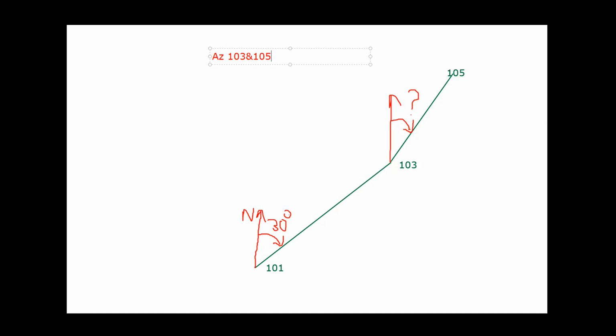So 103, 105 equals the azimuth of 101, 103, and I have to be specific. It's from 101 to 103, not the other way around. Plus 180 plus the angle in between, angle 103.